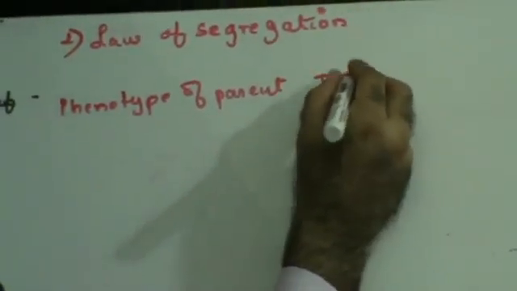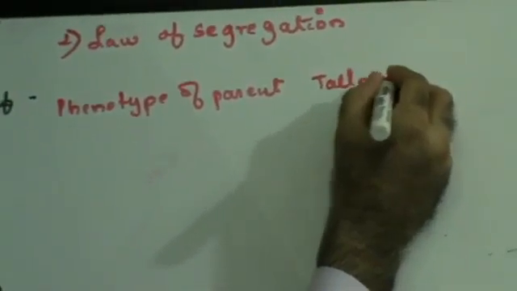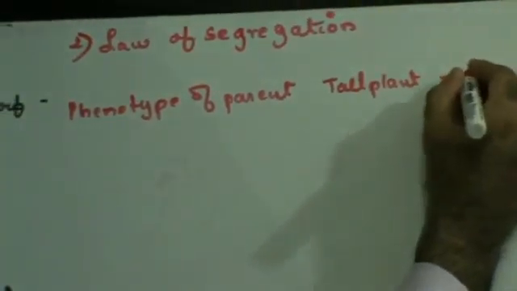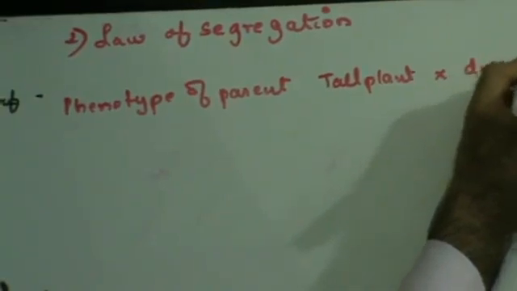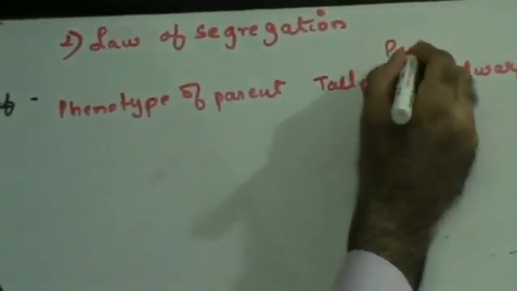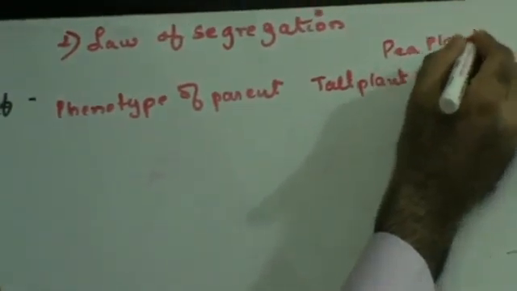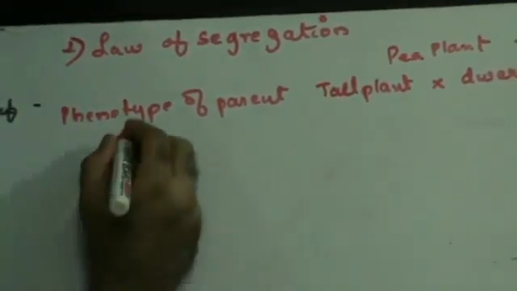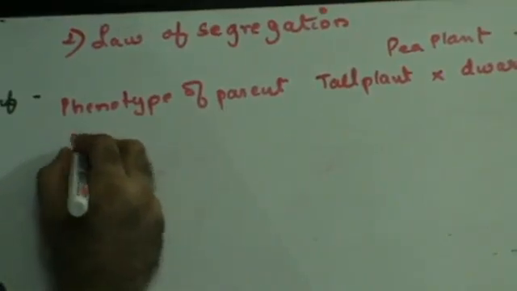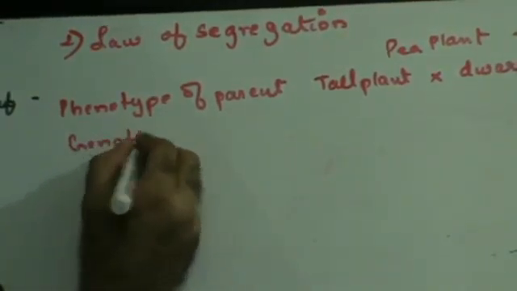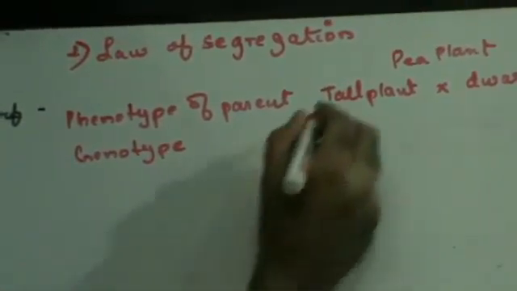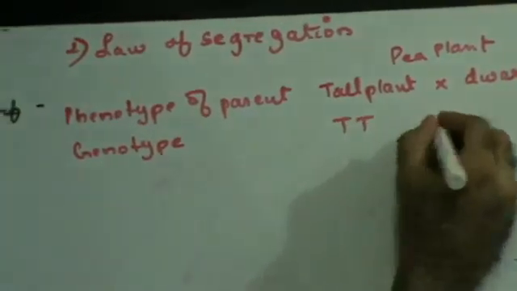Suppose you did an experiment between a tall pea plant and a dwarf pea plant. The plant that I am considering is a pea plant. In this case, the tall plant, I am considering pure tall, so its genotype is going to be TT, and here the genotype is going to be tt.